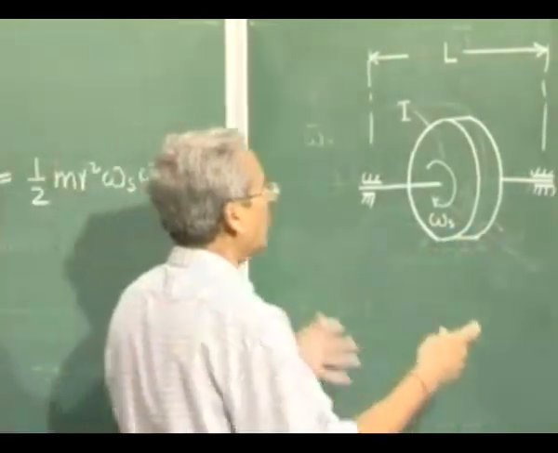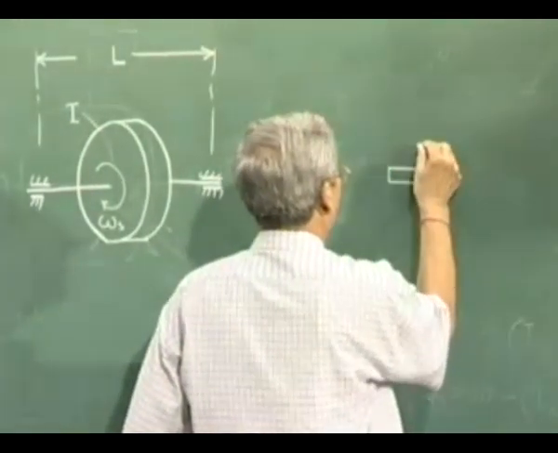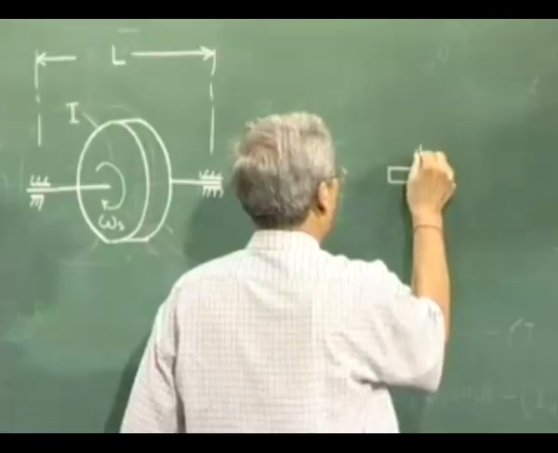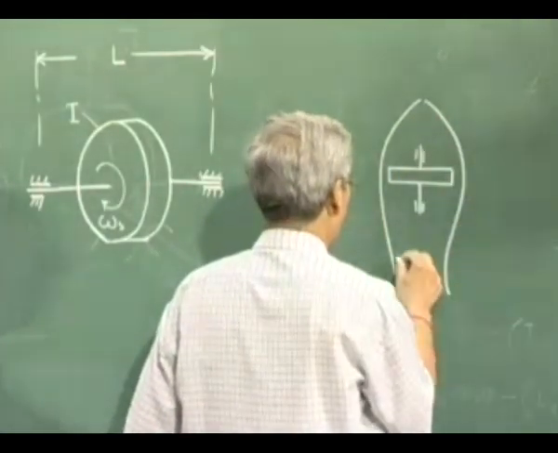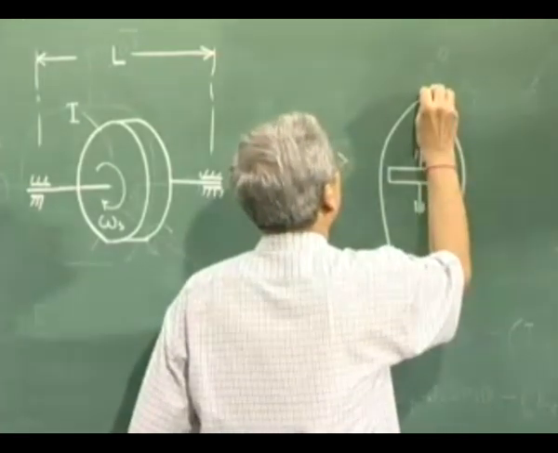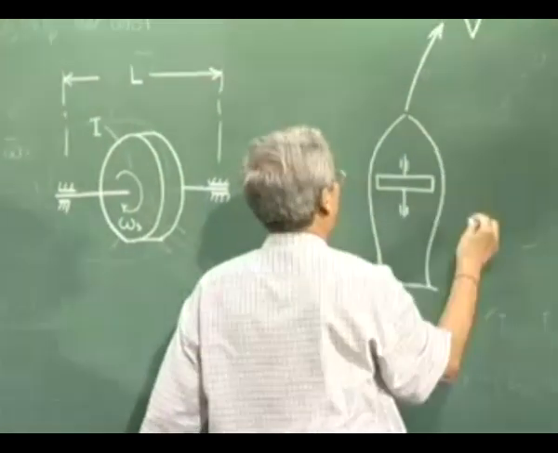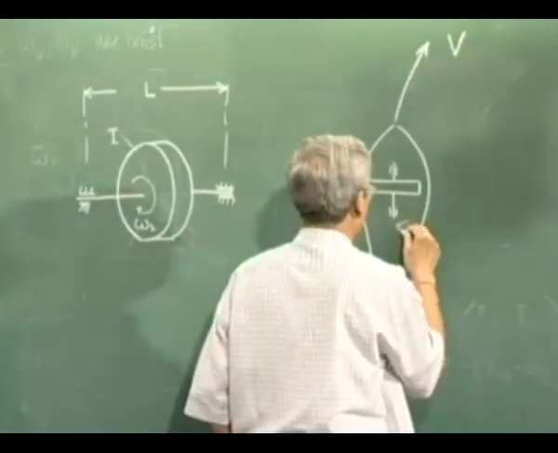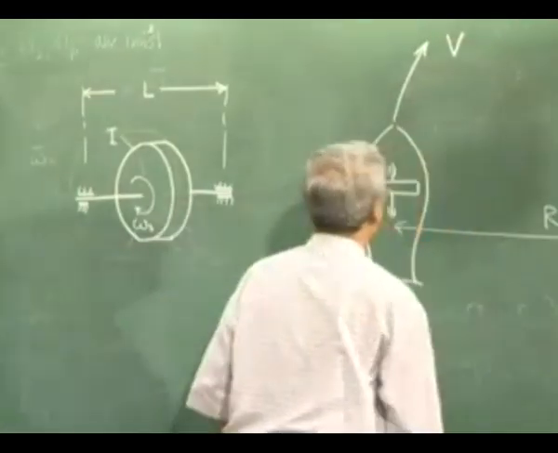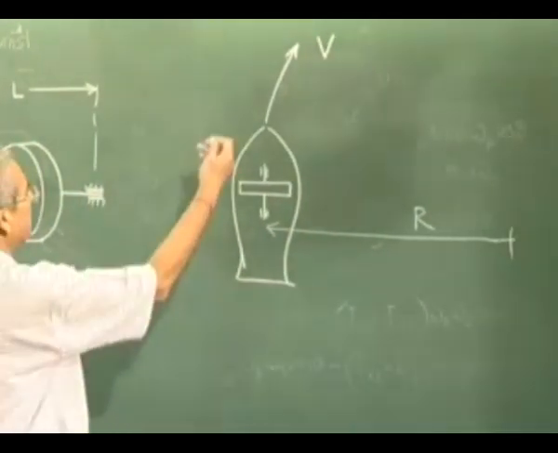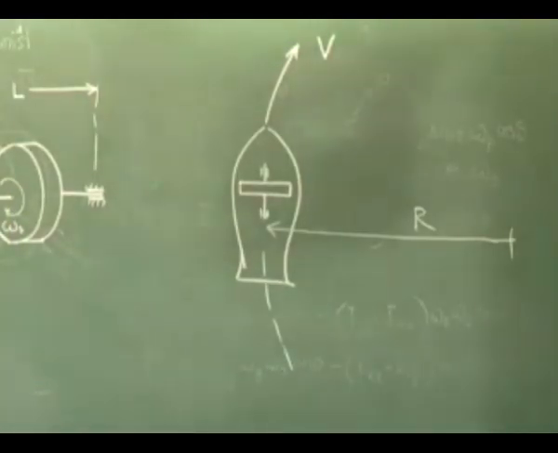Now suppose the whole thing is taking a turn, with velocity v and radius of curvature r. The whole thing is taking a curve, a turn towards right or towards left.